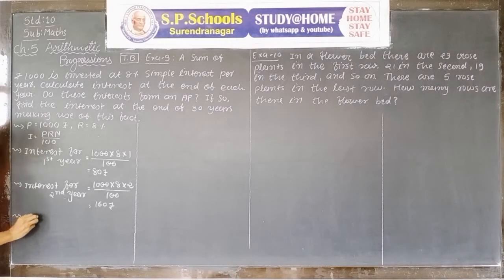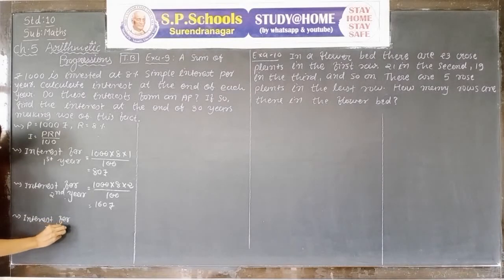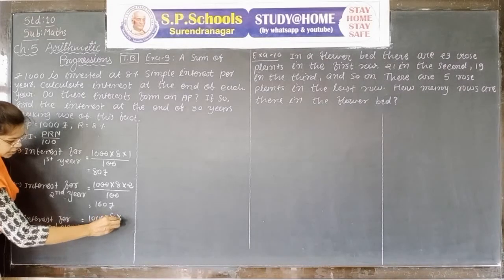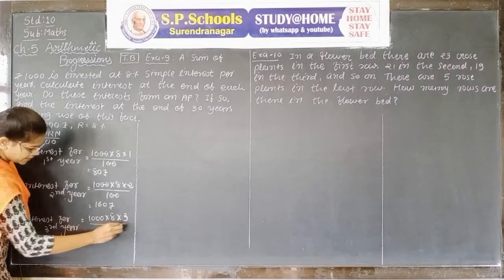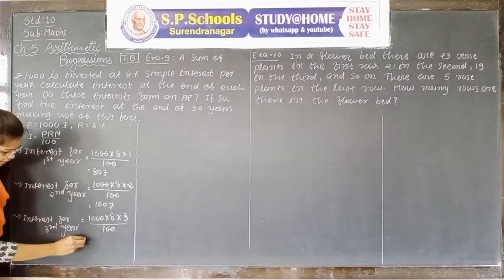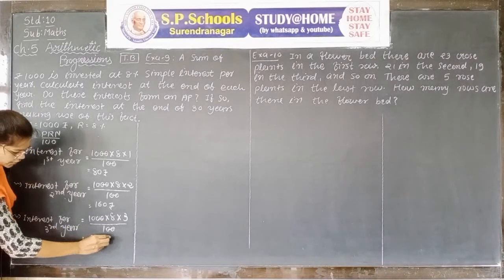Next, interest for the third year is equal to 1000 into 8 into 3 upon 100. 2 zeros are cut and our answer is 240 rupees.